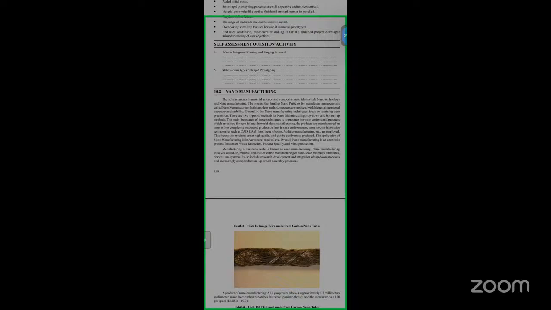And this means the products are of high quality and can be easily mass produced. So, the application of nano manufacturing is in aerospace, medical, etc. And overall, nano manufacturing is an economic process focused on waste reduction, product quality, and mass production.